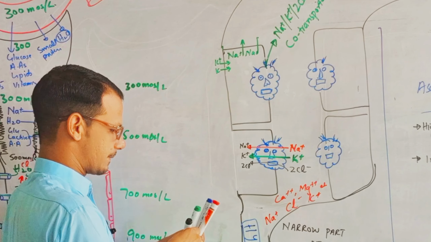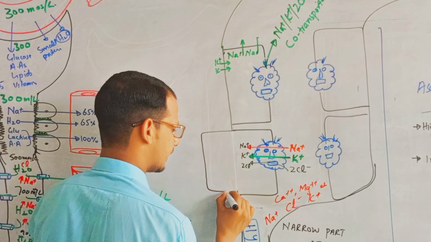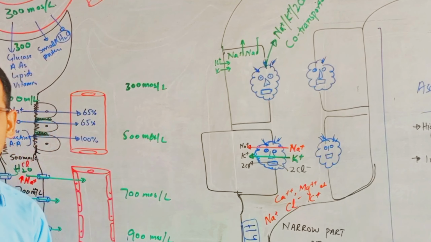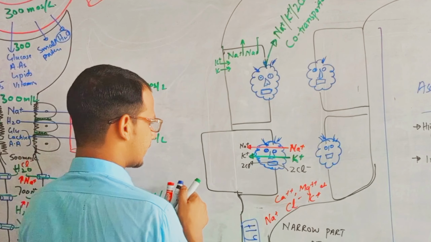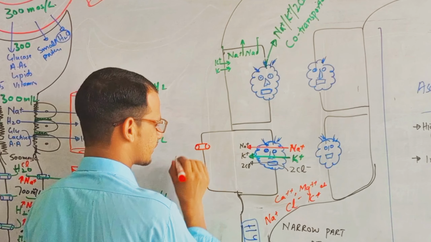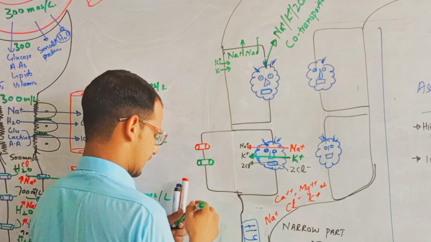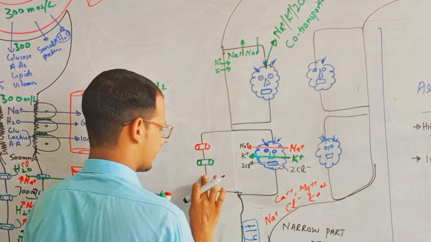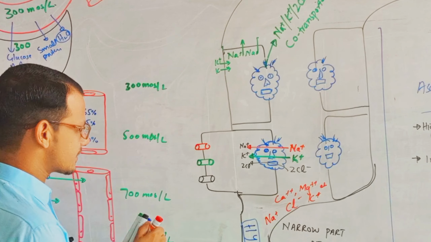Now here we have, for example, this is that cell. We have 3 special transporters in the cell, extrinsic proteins, right? For example, one is this red channel, one is the green channel, and one is the black channel. What are the names of these?